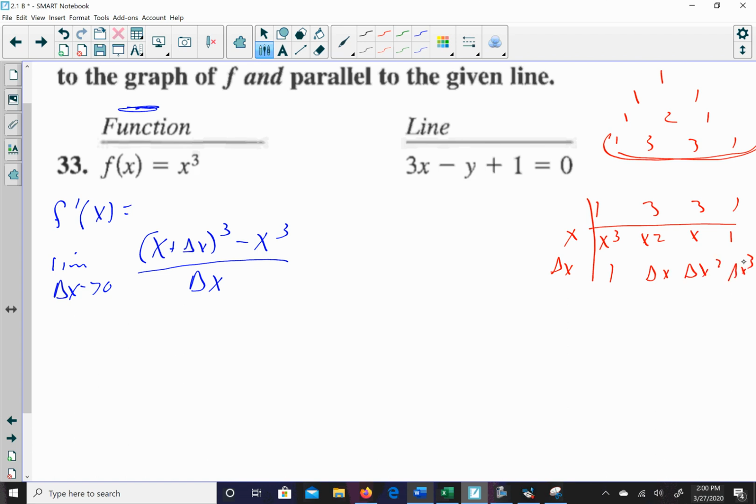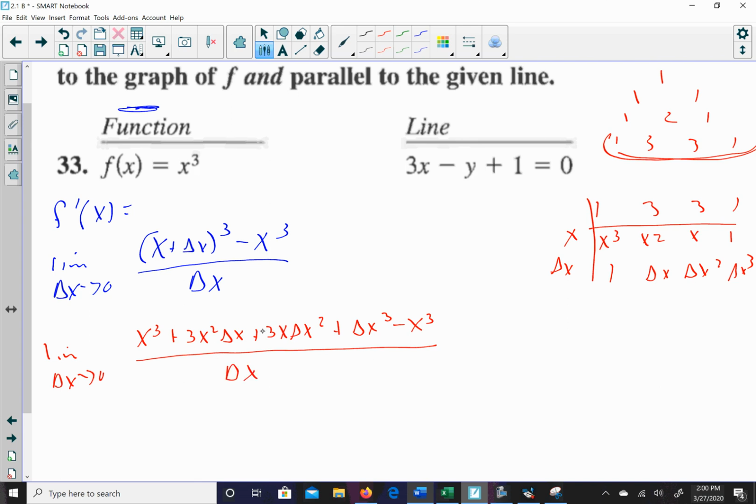So when I do this, that'll be the limit as delta x approaches 0 of x to the third plus 3x squared delta x plus 3x delta x squared plus 1 delta x to the third, and this is minus x to the third, and this is all over delta x. So remembering Pascal's triangle makes expanding this a whole heck of a lot easier.